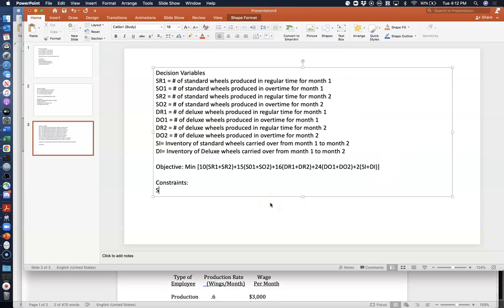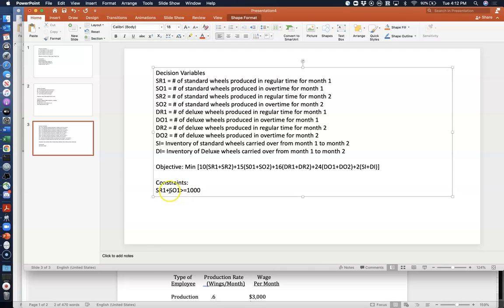So standard wheels, those are SR1 plus SO1. So total number of standard wheels, whether they are made in regular time or overtime, and this has to be greater than or equal to 1000. Now, we're not going to say equal to 1000 because you could potentially make more and then carry them over as inventory, right? Maybe let's write that.